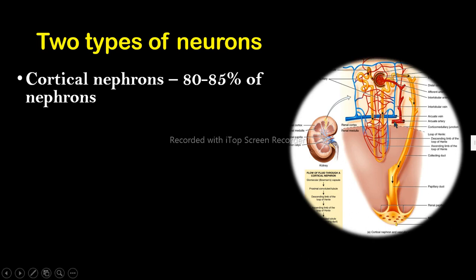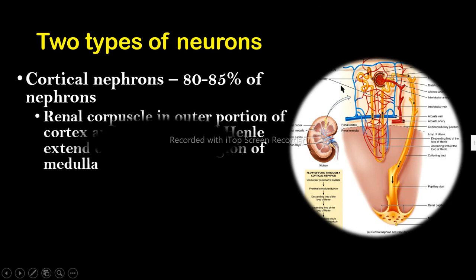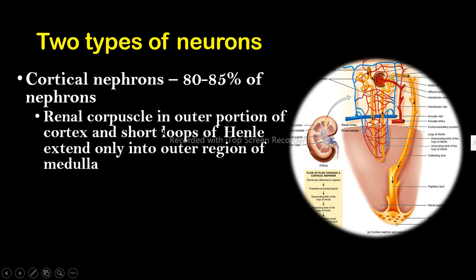For instance, you have more cortical nephrons. The renal corpuscle is in the outer portion of the cortex, and a short loop of Henle extends into the outer region of the medulla, but the degree of extension is not that much.